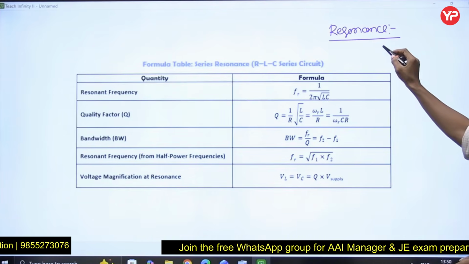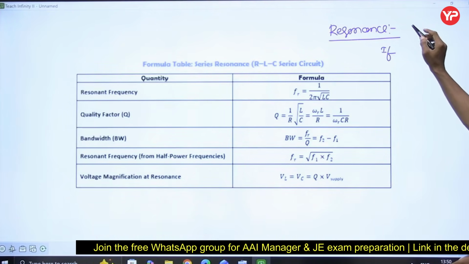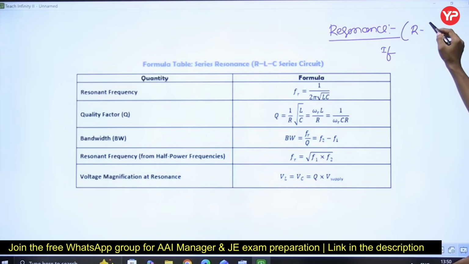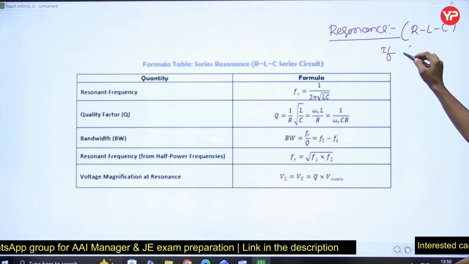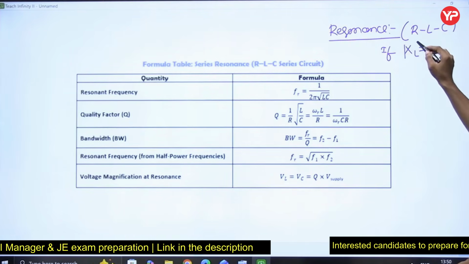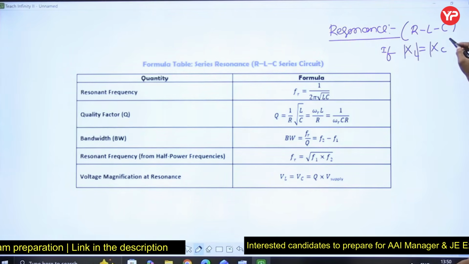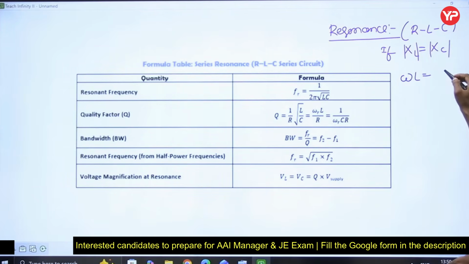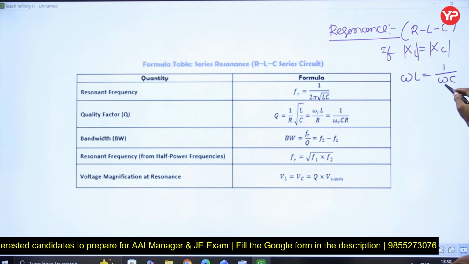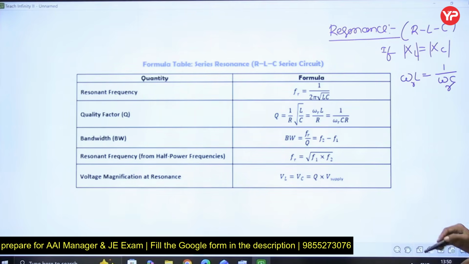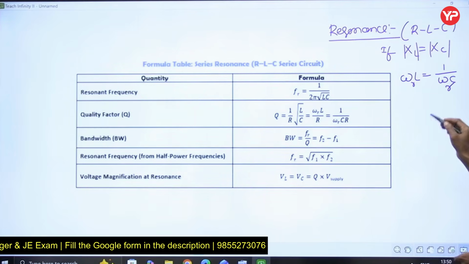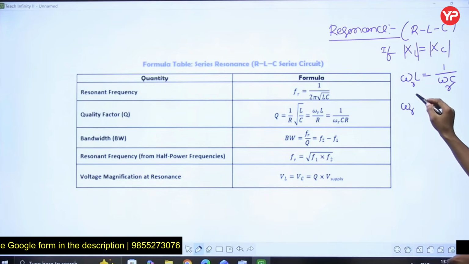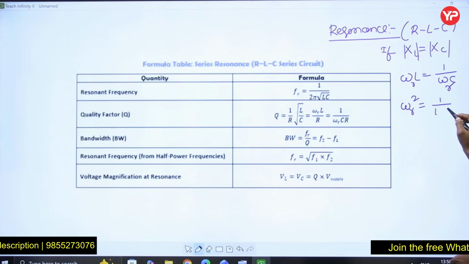Now resonant frequency. What is resonance? This is going to happen in an RLC circuit. If inductive reactance is exactly equal to capacitive reactance, then that situation is said to be resonance. Inductive reactance is omega L, and capacitive reactance is 1 by omega C. As that situation is called resonance, omega R into L is equal to 1 by omega R into C. Omega R square is equal to 1 by LC.